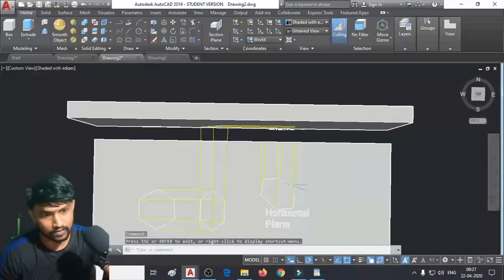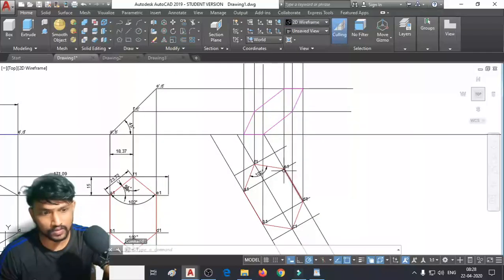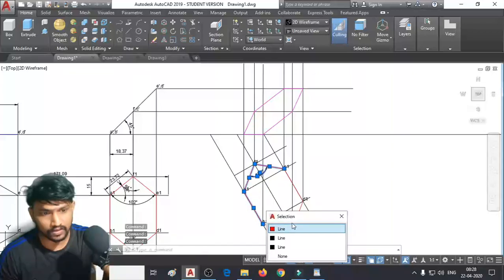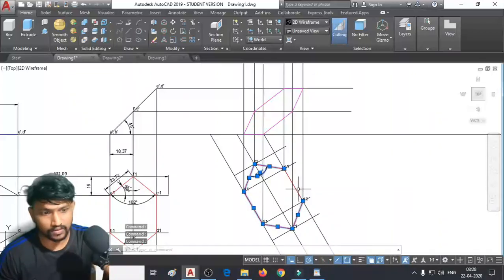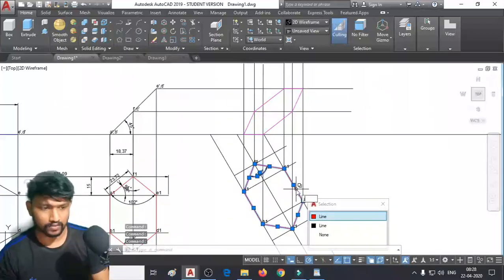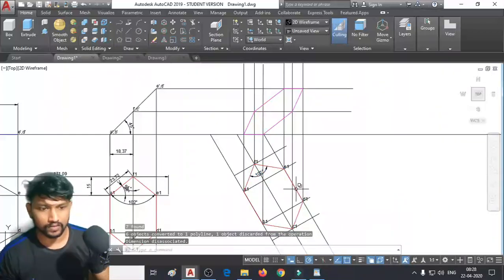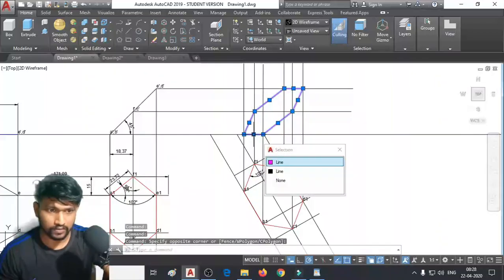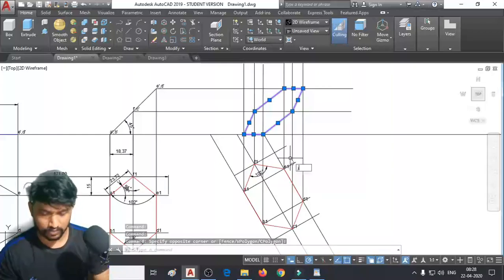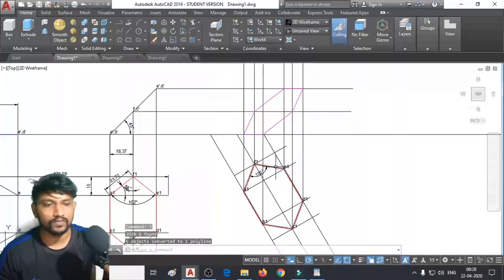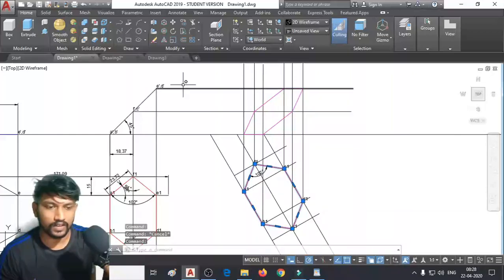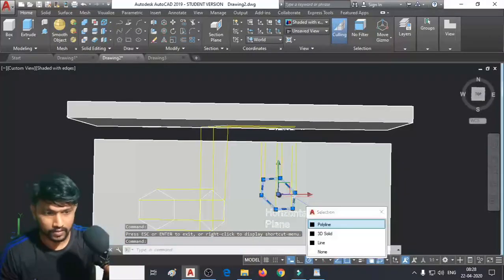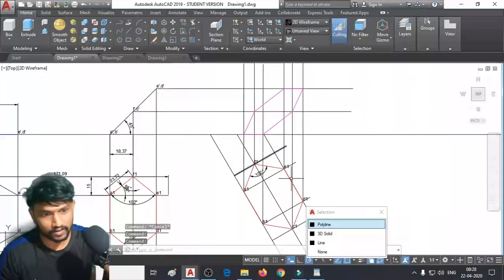See here, observe this position, observe this figure. Let me combine all of these things, let me join all of these things so that it will become easier for you. Observe this figure here and observe this particular figure here, both are the same, right?